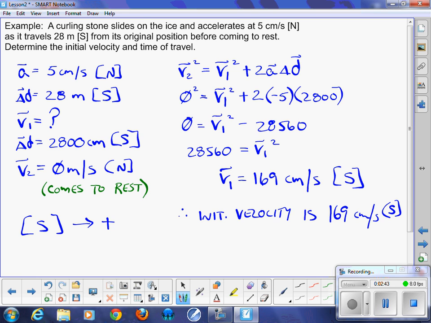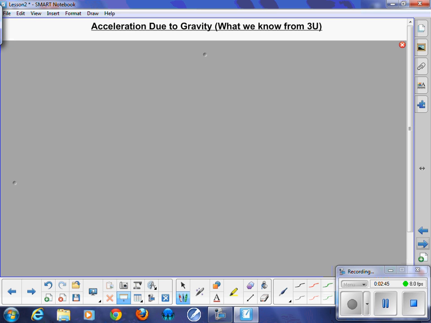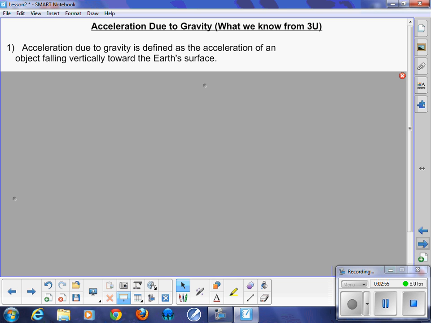Okay, moving along. Acceleration due to gravity. So what do we know from 3U? That is usually a discussable item. However, you're not here to discuss it with me. So I'm going to clarify a couple of things for you. Acceleration due to gravity is defined as the acceleration of an object falling vertically toward the Earth's surface.